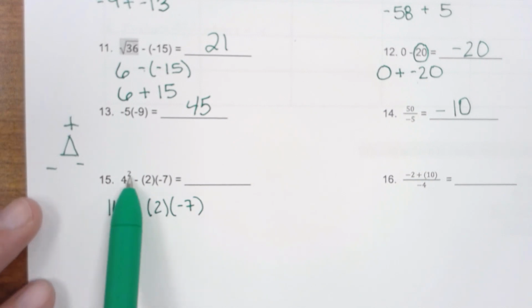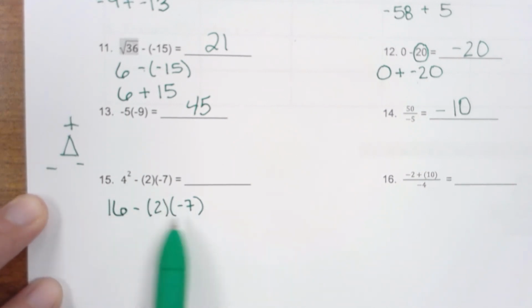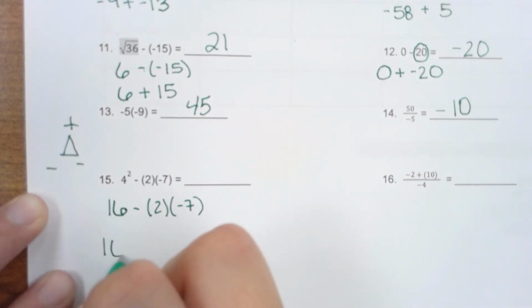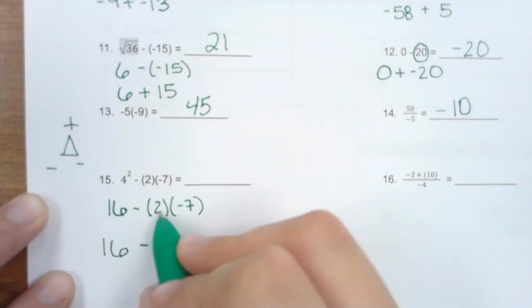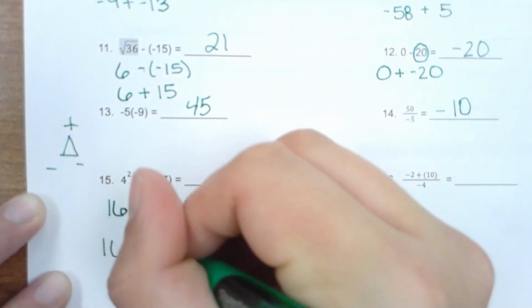So now that I got rid of my exponent, now I see that I can do multiplication because I have 2 parentheses shoved up next to each other. So you have to multiply 2 times negative 7. So 2 times negative 7. 2 times 7 is 14. And then a positive times a negative is a negative.